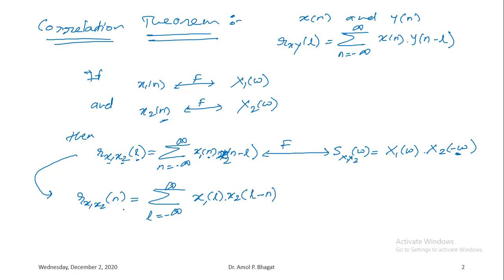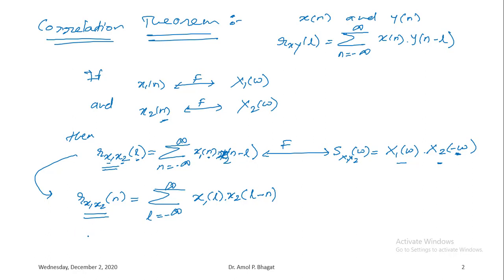This is the cross correlation formula. Now we are interested in identifying the Fourier transform of this cross correlation signal, which should be X1 of omega multiplied by X2 of minus omega. So we are trying to prove this property.